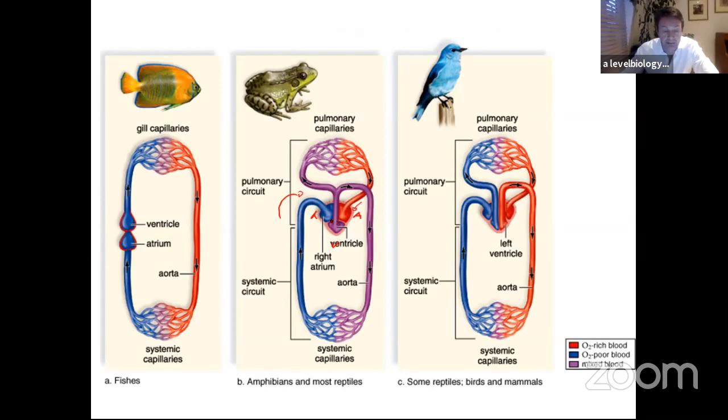Those two both mix together in the ventricle, and then when you pump the blood out, there is some oxygenated blood and some deoxygenated blood which will go through the lungs. And then there is some oxygenated and some deoxygenated blood which will go around the systemic capillaries. So amphibia have got a mixture between the two, whereas birds, mammals and most reptiles have got a double circulatory system.